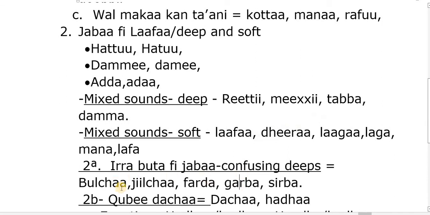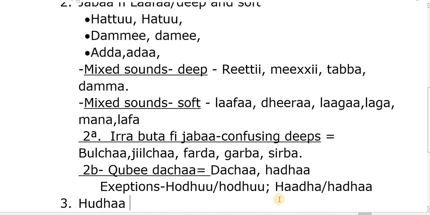So when there is kubedacha in a word, like jilcha, bulcha, dache, hadda, and so on, you can hear these words are also very strong. Dache, dacha, hadda.